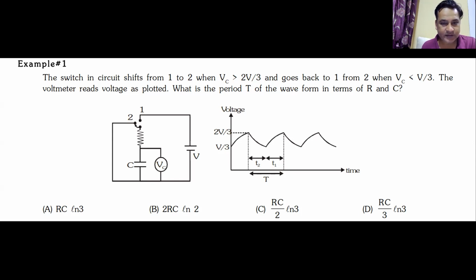I think it should be from 1 to 2. Okay, I think it should be the other one, the reverse one.